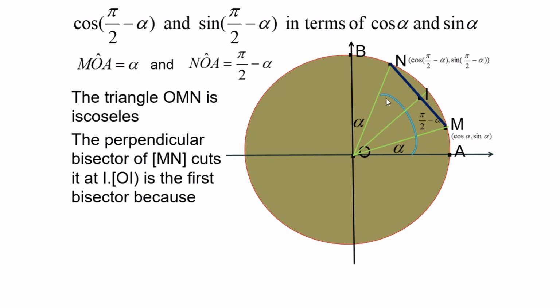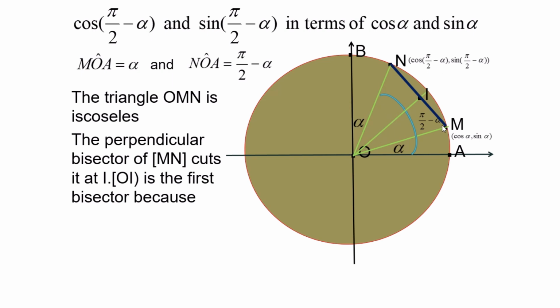So angle NOI equals angle IOM. Here we have, for example, beta, and here we have beta. These two angles are equal, beta. Also we have M and N are symmetric with respect to OI.